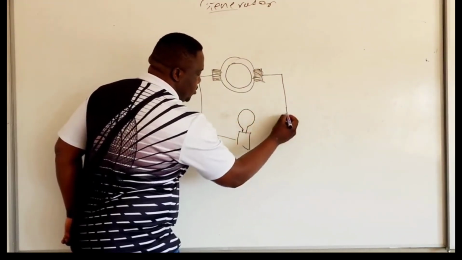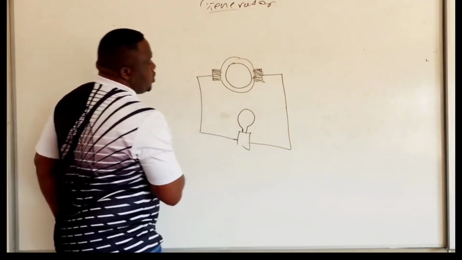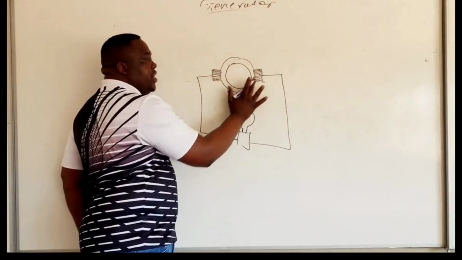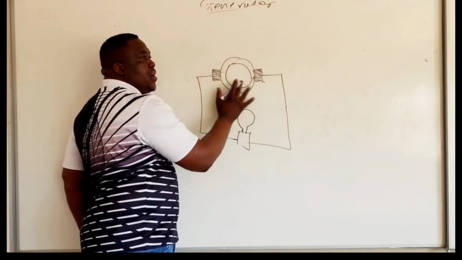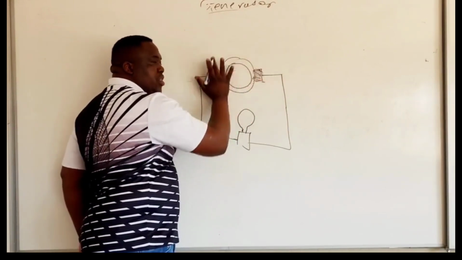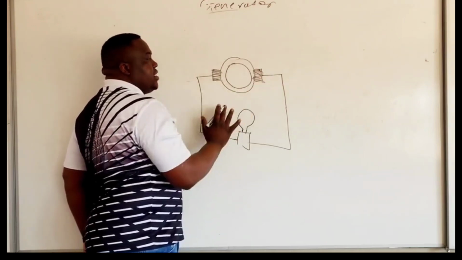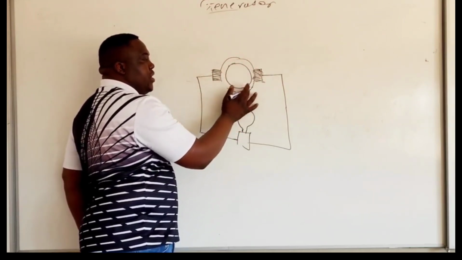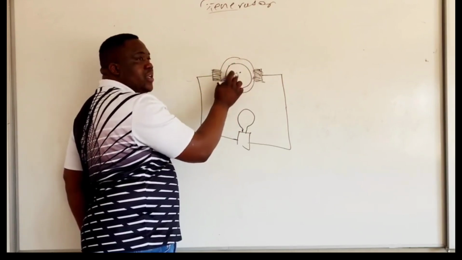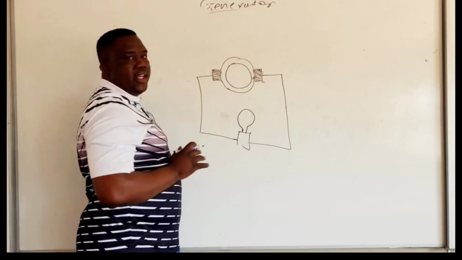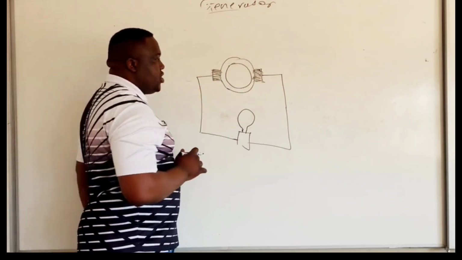Remember that these rings are connected with a coil, and the coil will be turning. As it turns, since this is a slip ring, it will cause the current to alternate. That's the function of the slip ring.